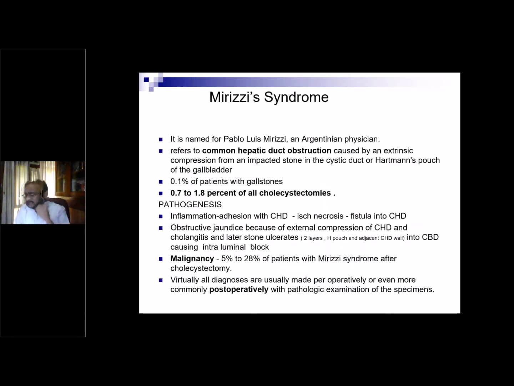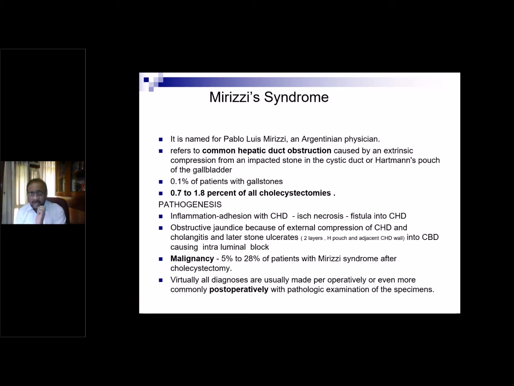Now coming to the next variant, Mirizzi syndrome, which you all know and which we understand, but needs to be repeated here because that's more common among all these that we talked about. This is basically named after an Argentinian physician by the name of Pablo Mirizzi, and refers to what? Just remember this and note it down.